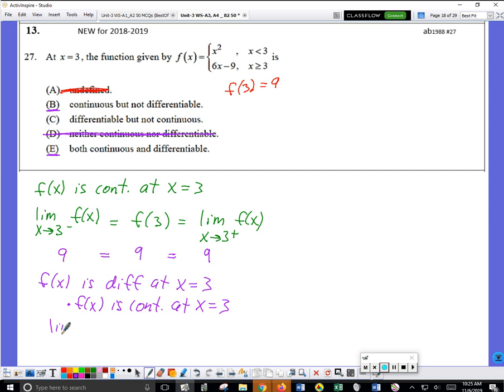The limit as x approaches 3 from the left of the derivative must be the same as the value of the derivative at 3, which must be the same as the limit as x approaches 3 from the right of the derivative. So easy to memorize because it's the same pattern.